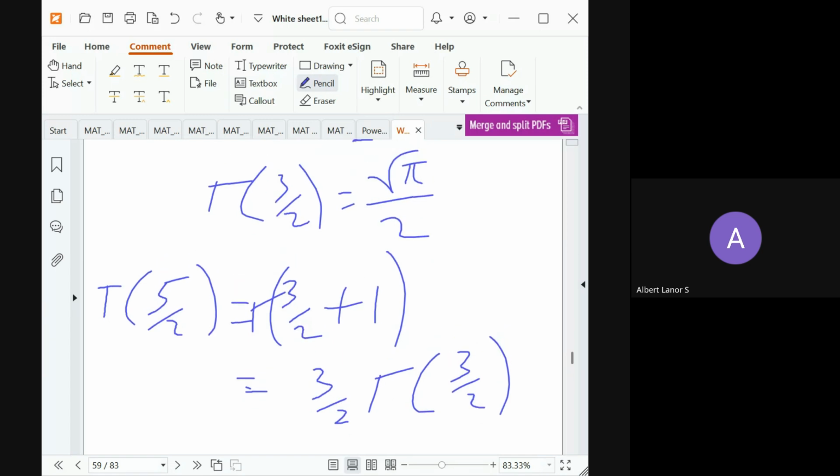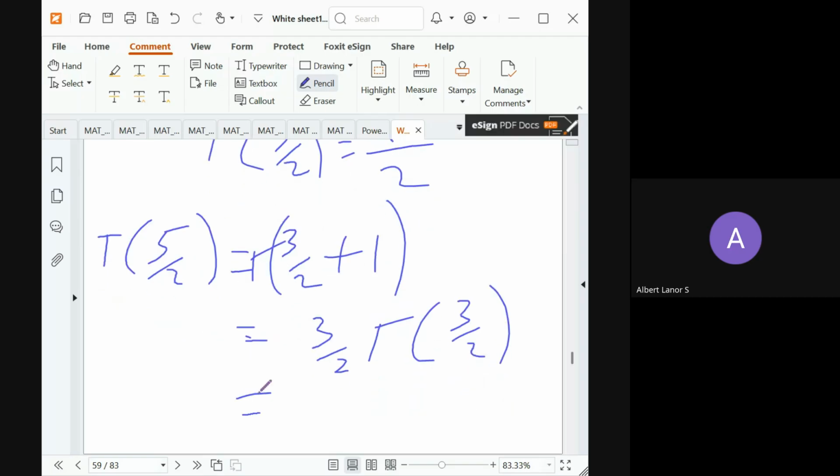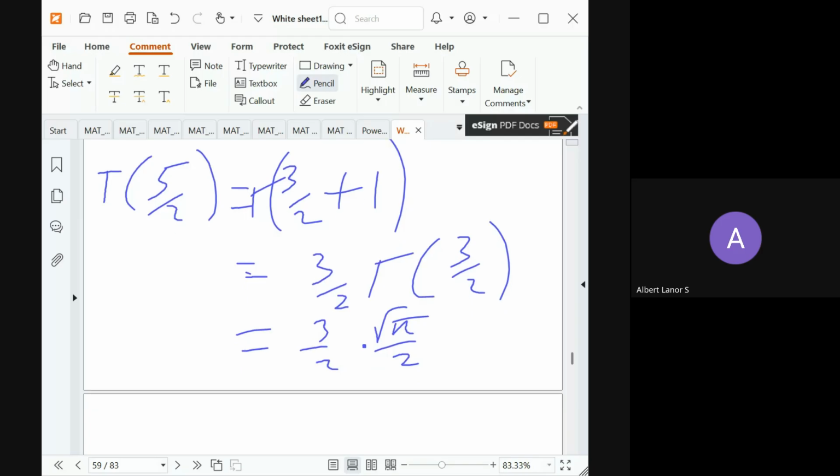Now, gamma of 3/2 is square root of pi on 2. So this would be equal to 3/2 times square root of pi on 2, which is 3/4 square root of pi. Okay, so that is 5/2.